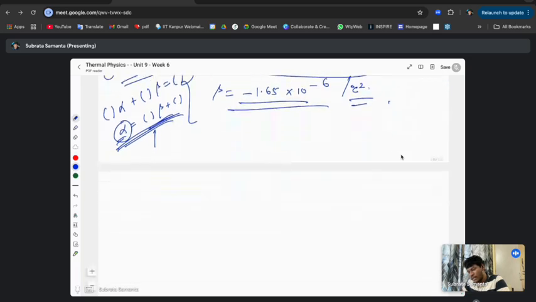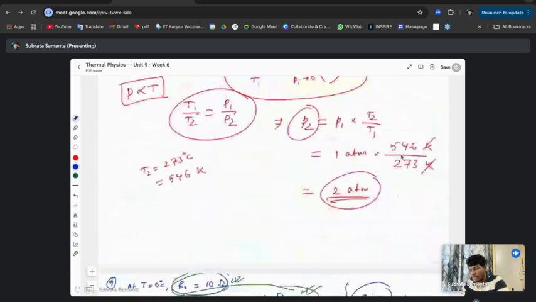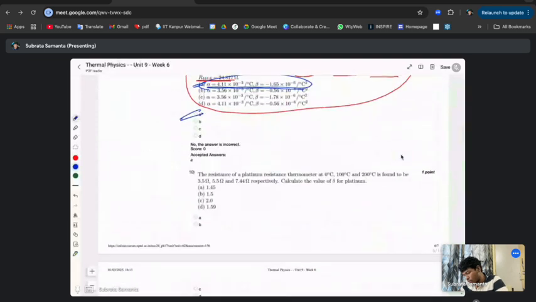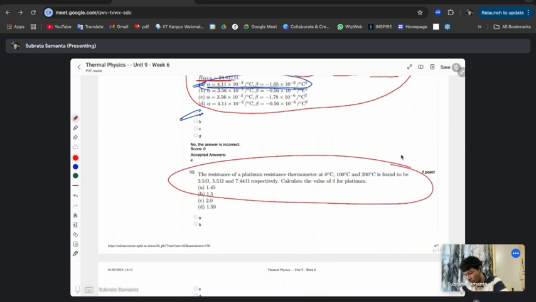Okay, so in the next problem, if not, then I'll move to the next question. So the last one, then I'll solve some other problems. In the last problem, the resistance of a platinum resistance thermometer at 0 degree centigrade, 100 degree centigrade and 200 degree centigrade is found to be 3.5, 5.5, 7.44. Calculate the value of delta for platinum.